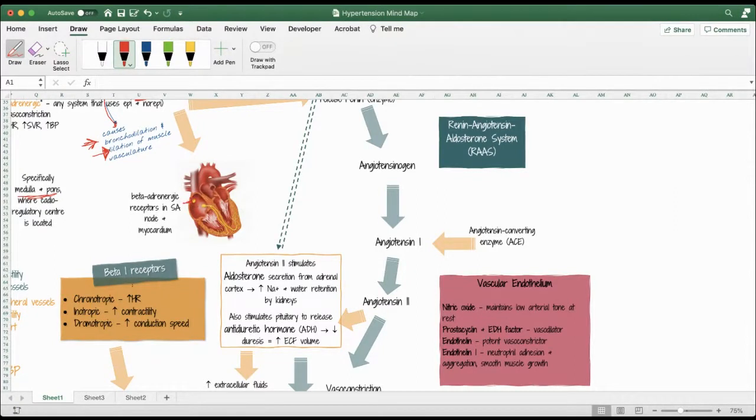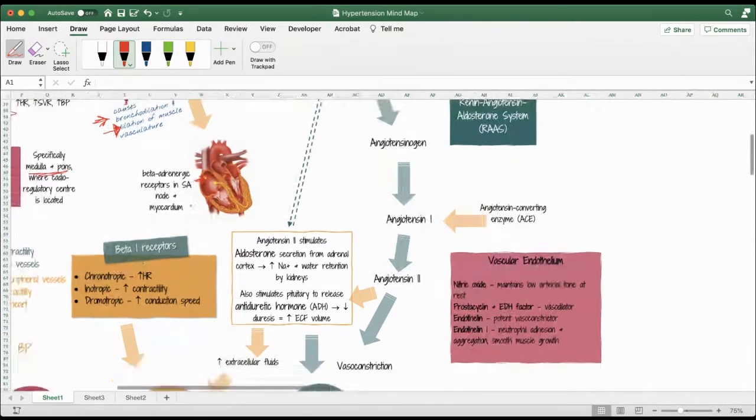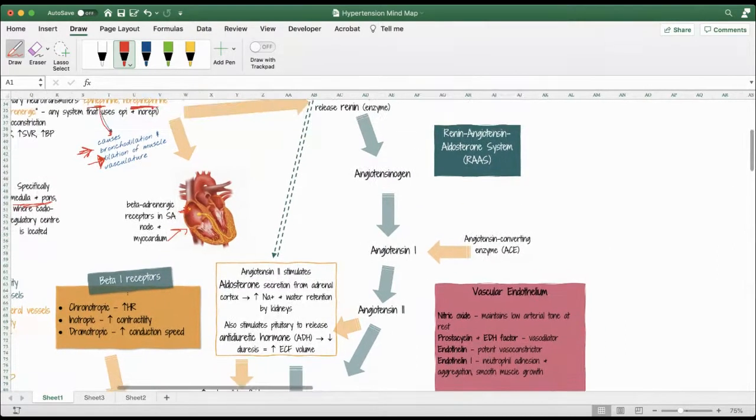The SA node, in case you aren't aware, is where the depolarization and repolarization of your heart begins in order to contract, right? We won't go through all that, but that's where the beta receptors are. And so when the sympathetic nervous system is triggered, the norepinephrine will trigger these beta receptors.